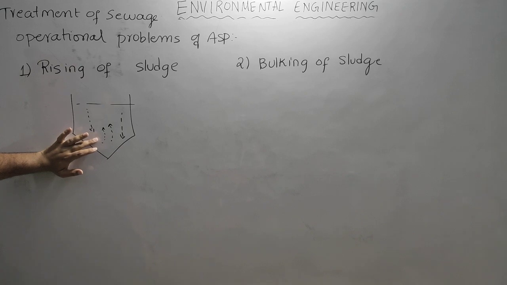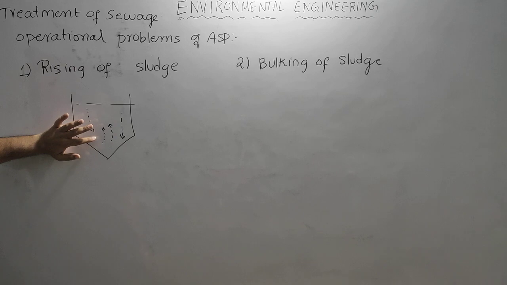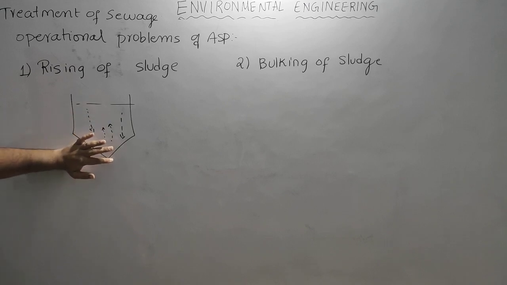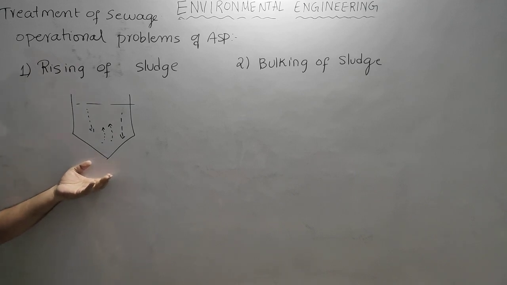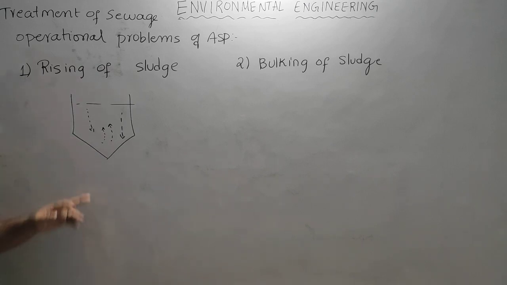This rising of sludge is happening in the secondary sedimentation tank because of the decomposition of the nitrogenous matter. To reduce the decomposition of the nitrogenous matter, we need to remove the microorganisms. To remove more microorganisms, we need to remove more sludge from here. So by increasing the returned sludge, one way we can control this rising of sludge.